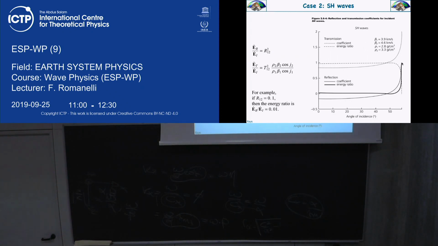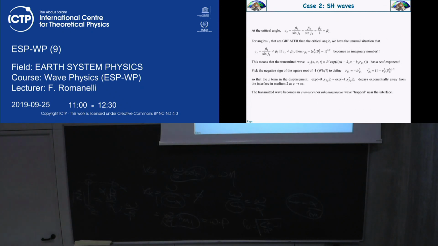That's one vision, and it's a vision of a realistic model of a transition between the crust and the mantle. What should we do? We should generalize this one to all the possible interfaces. But first, with this example, let's consider a sort of a final specific case that will be very important for surface waves.